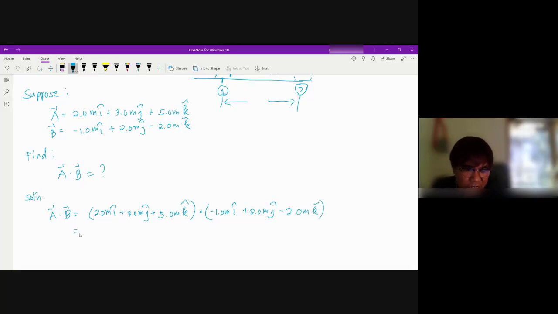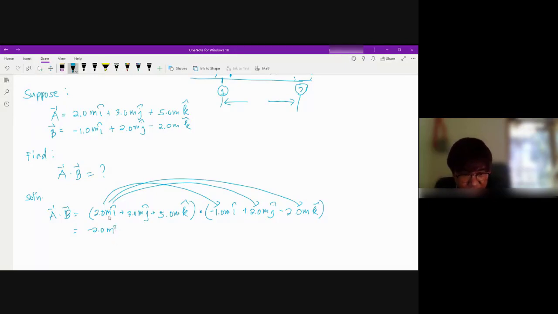So what you do is, by brute force, we distribute, it's algebra. The first term: you have 2 times negative 1, that's negative 2 meter square, right?